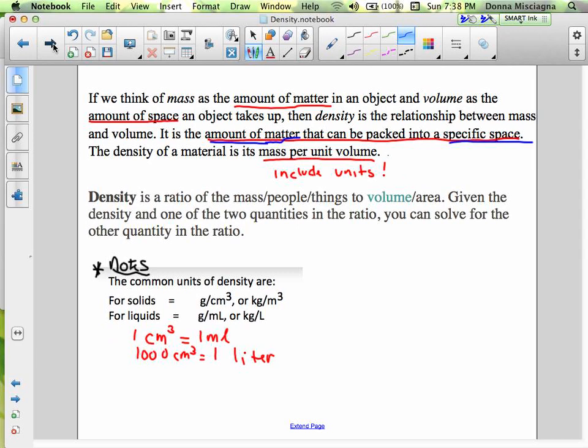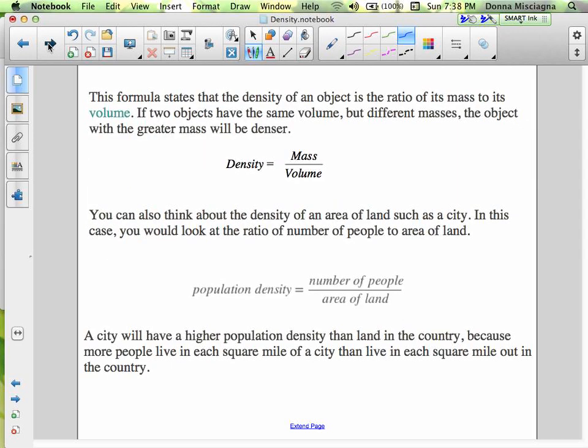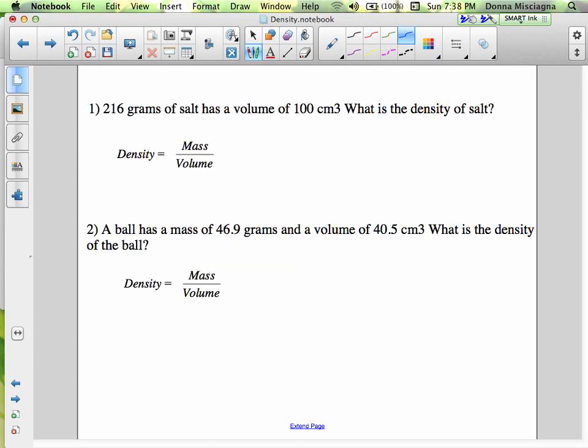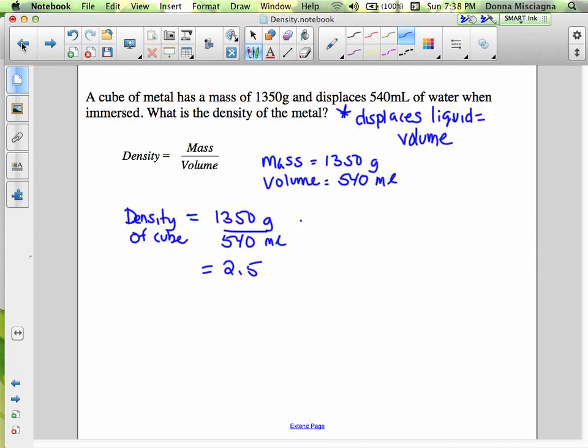So back here, where we have 2.5, we can list that as 2.5 grams per milliliter, but since it's a solid, we can replace milliliters with cubic centimeters.